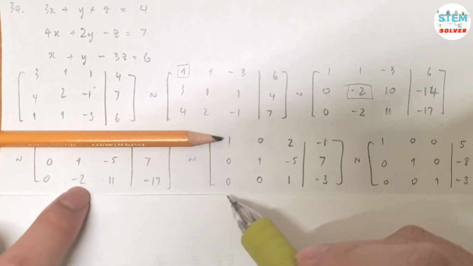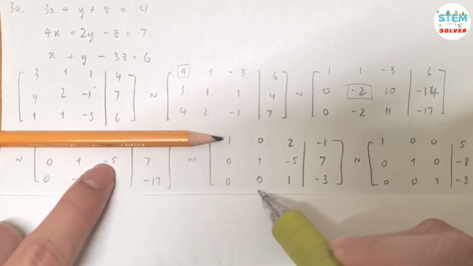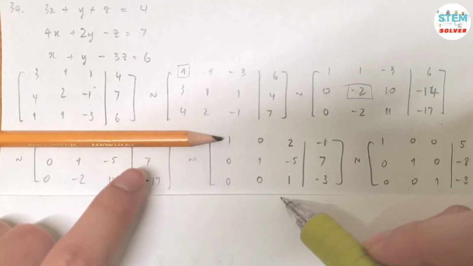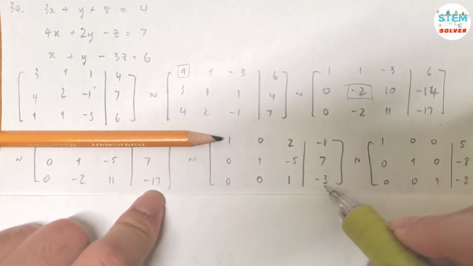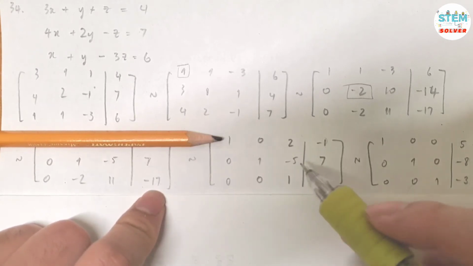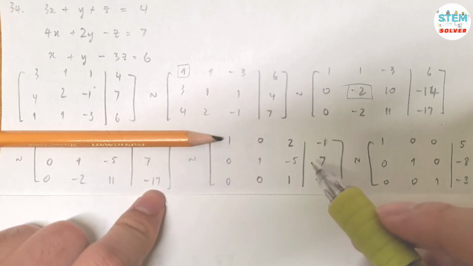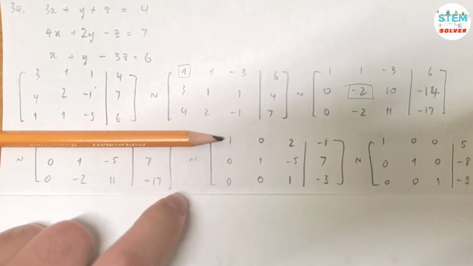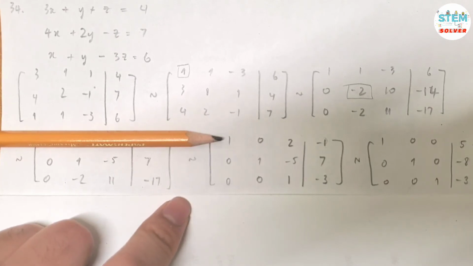Positive 2 times 2 minus 2, 0. 2 times -5, -10 plus 11, 1. 2 times 7, 14 minus 17, -3. If you're not familiar with this, you can work it out row by row, but that just wastes your time because you have to write one more matrix. If you can combine them into one matrix, that saves you a lot of time.